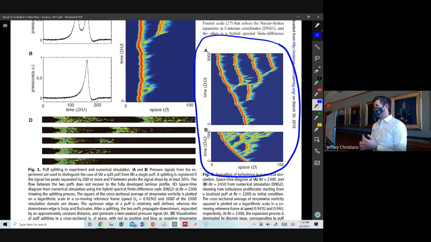But what we can do is look at experiments and use that to inform our models and use that as feedback, and start to get some information about how turbulence works from this synergy between experiments and modeling.